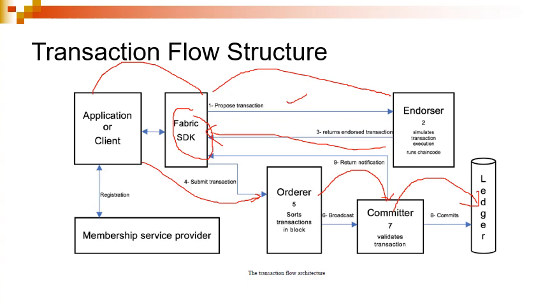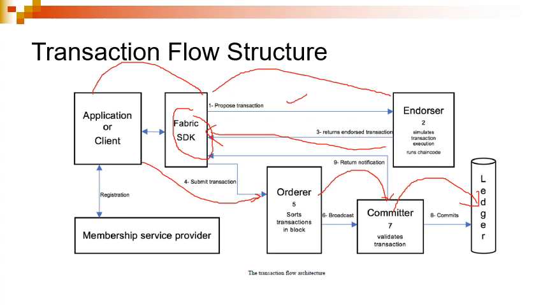So this is how the transactions are processed in Hyperledger Fabric. We have studied this process through the transaction flow structure. Every application or client can communicate with the blockchain through the Fabric SDK, and the membership service provider gives e-certificates or registration service to the applications or clients.